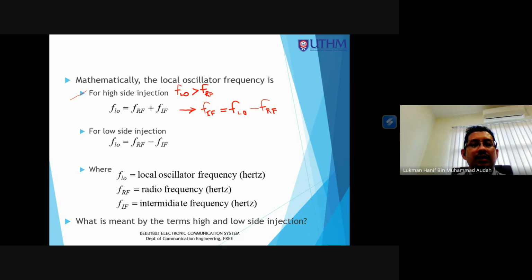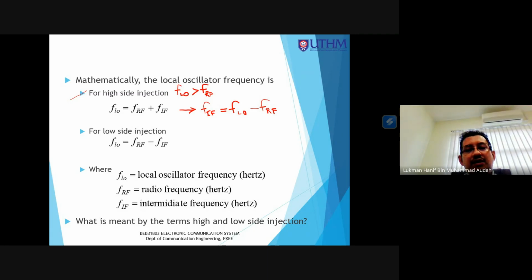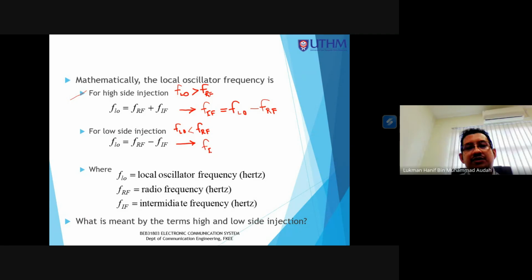However, if we choose to have F LO smaller than the input radio frequency, we can calculate the intermediate frequency to be equal to F RF minus F LO.